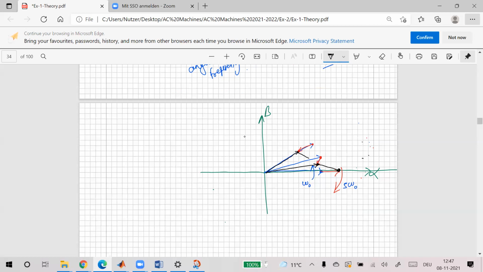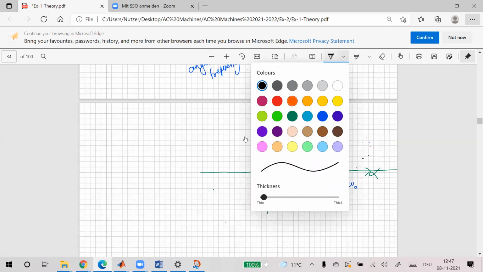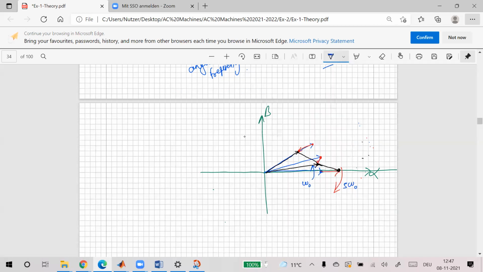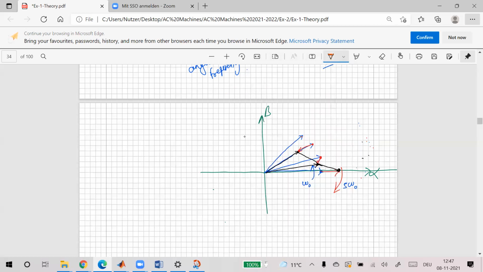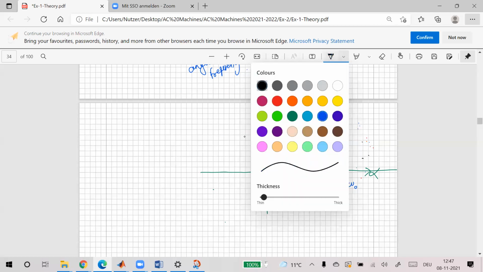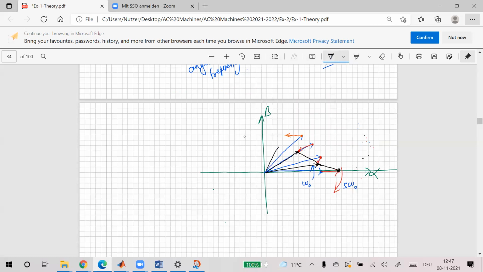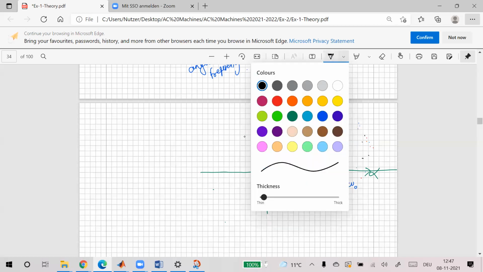Next time again it is like this, and then the resultant starts increasing.